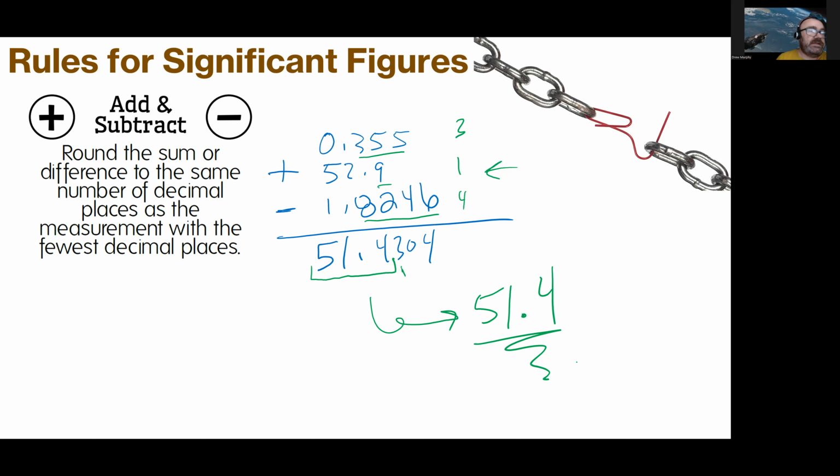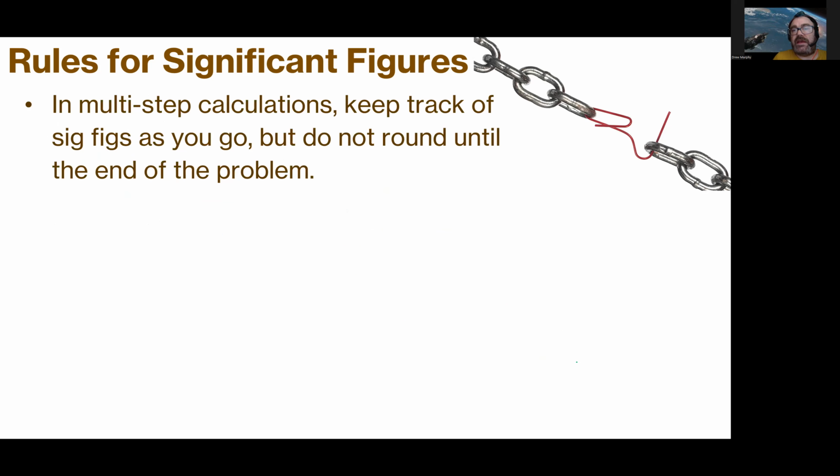Different courses do it differently, but this is how we're going to do it. In a multi-step calculation, you keep track of the significant figures as you go, but you don't round anything until you get to the end of the problem.